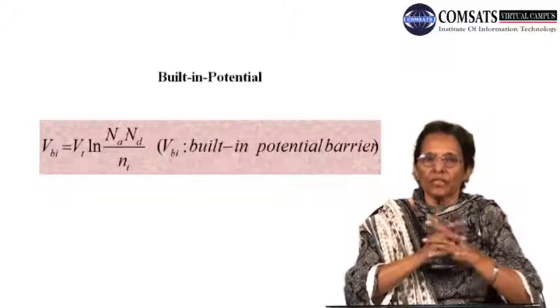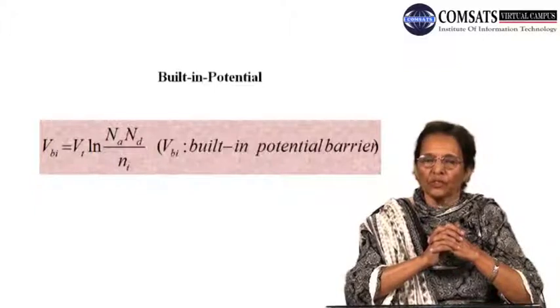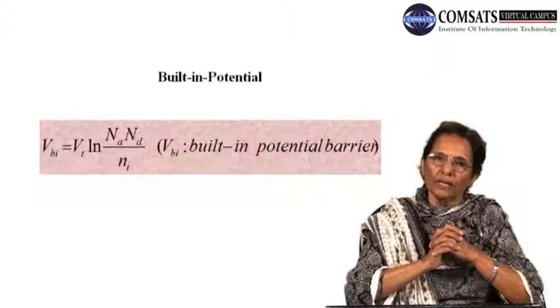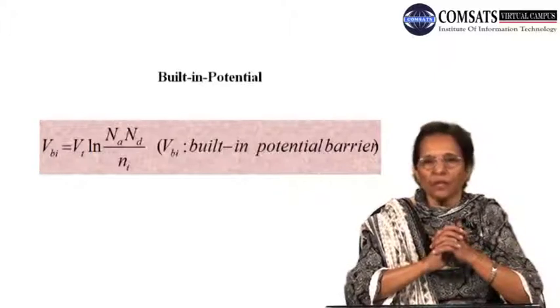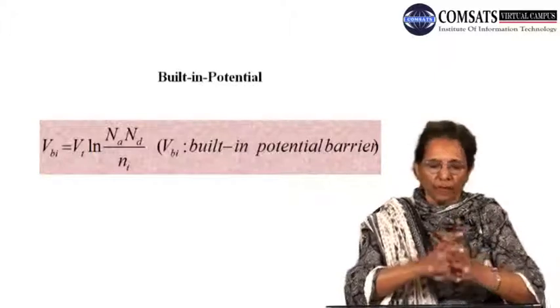Hence, this is termed as the equilibrium condition, carrier concentration, subject to law of mass action, whether the material is intrinsic or doped. For the N-type material or P-type material, the same law of mass action applies.